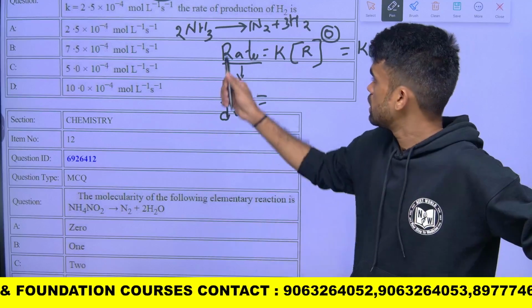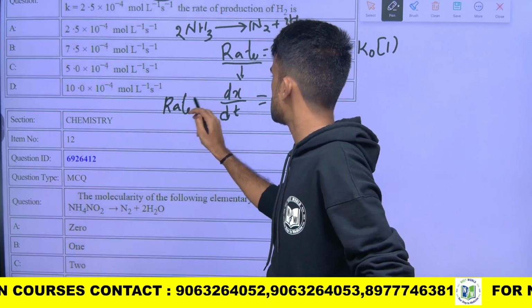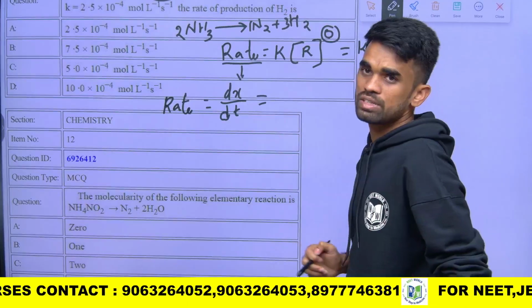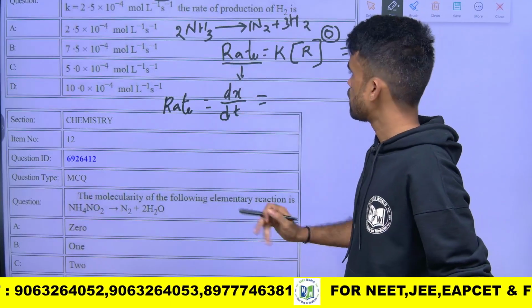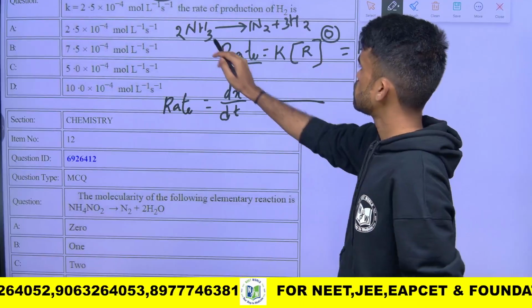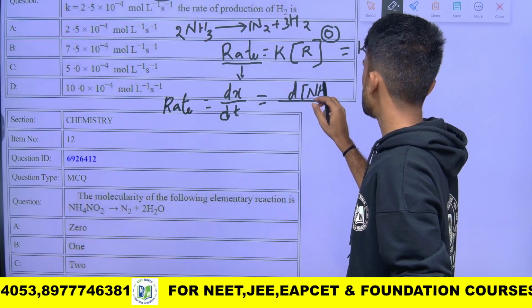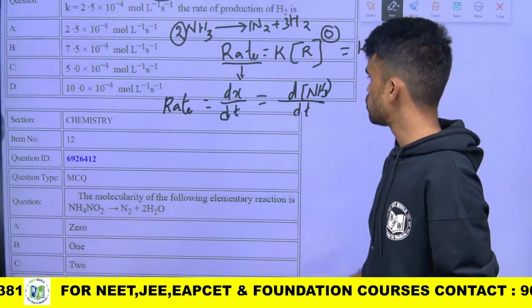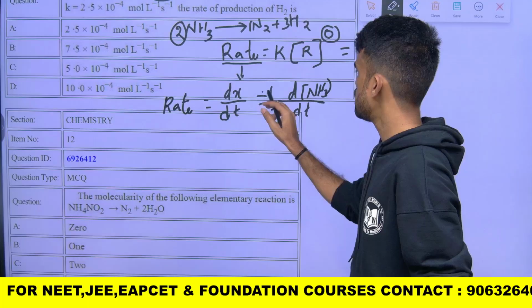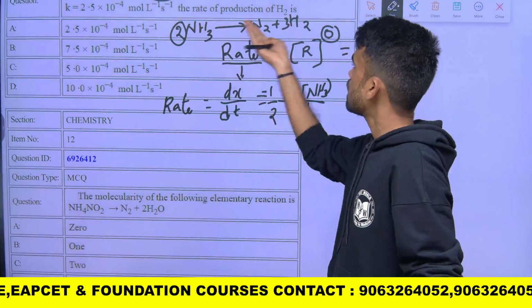Now to this we need to write the rate expression, equals dx by dt, which represents the rate of change in concentration with time. So for reactants, write the concentration of reactant here, dNH3 by dt. What is its coefficient? 2. So write here 1 by 2 and place a negative symbol, because the reactant is converting into products.